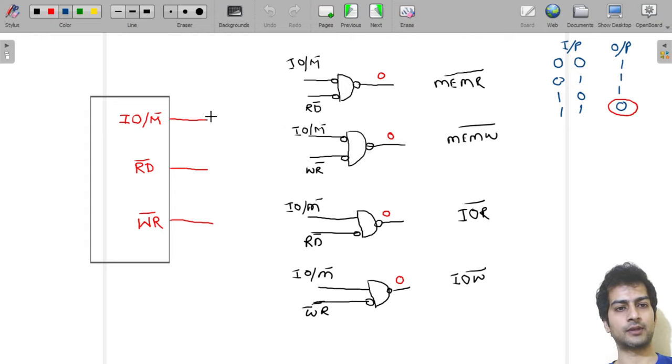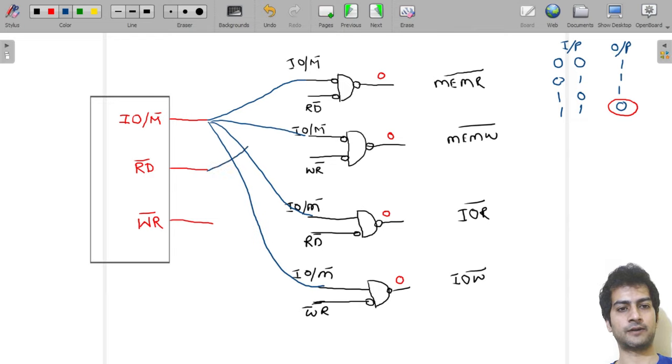I told you that these NAND gates are external gates which we have to connect with the microprocessor to perform multiplexing, by which four functions of the microprocessor can be dealt with using 3 pins. So we can connect it like this.